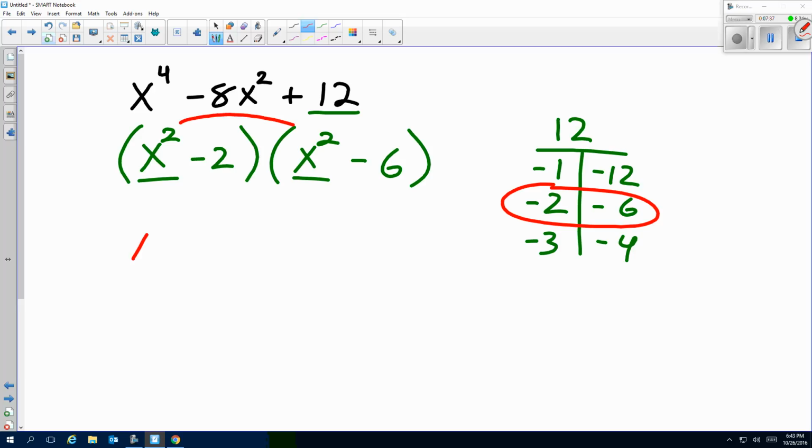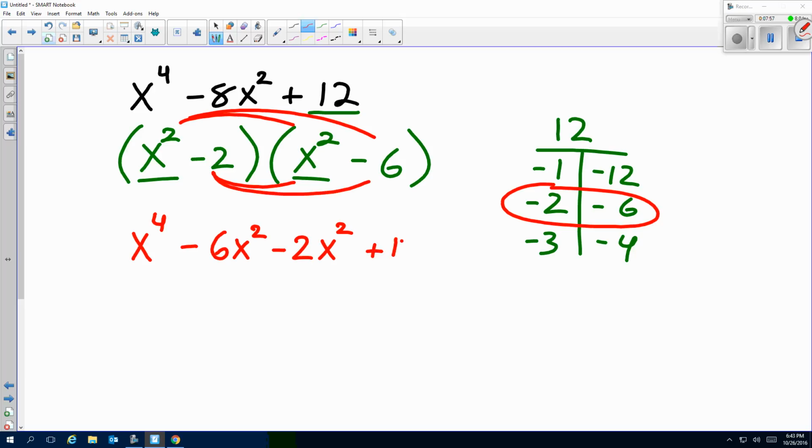X squared times x squared gives me x to the 4th. X squared times negative 6 gives me negative 6x squared. Negative 2 times x squared gives me negative 2x squared. And negative 2 times negative 6 gives me positive 12. Well, think about these.